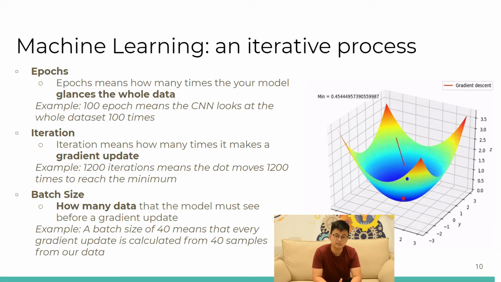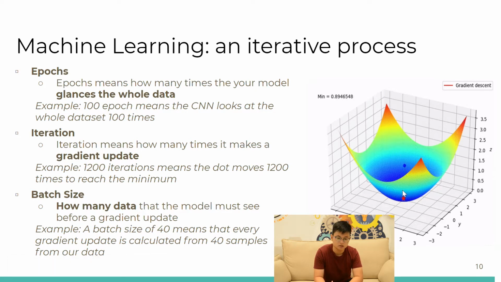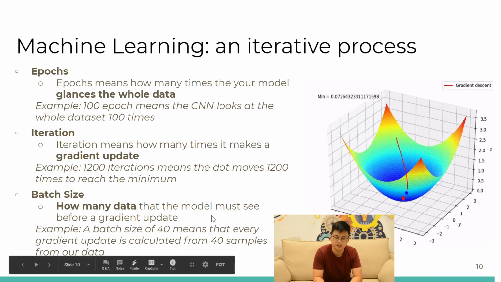Iteration means how many times it makes a gradient update. You can see here that it does quite a number of iterations because it went downhill several times. Gradient update means you're stepping through the loss function space. And batch size is how much data the model must see before one gradient update. For example, a batch size of 40 means that every gradient update is calculated from 40 samples from your data.